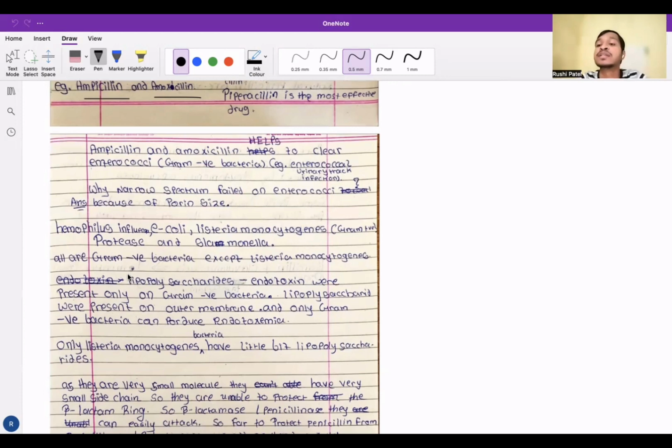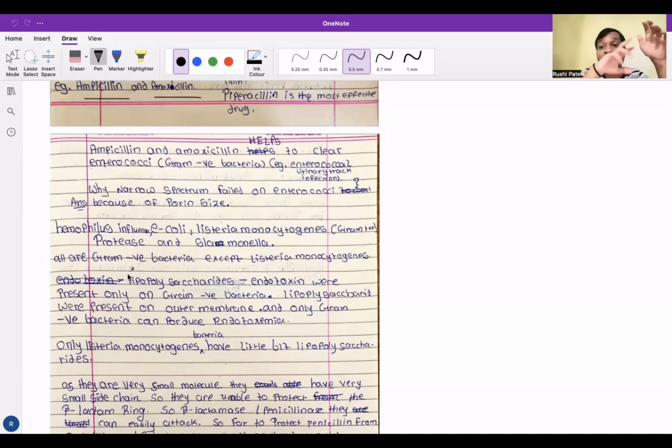If the side chain is small, then who will protect it? Now again, an important question. If the antistaphylococcus bacteria are going to release what? They will release penicillinase or beta lactamase.